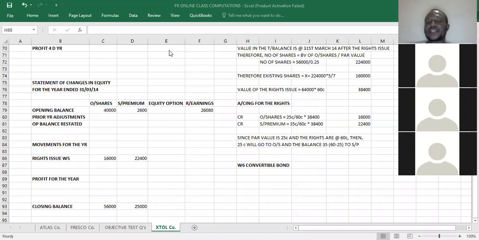The first thing is you will recognize a liability. Now the liability will be at present value, and then every year over the life of the bond, we would unwind that bond to its face value. So the present value of the liability will be less than the face value of that liability.